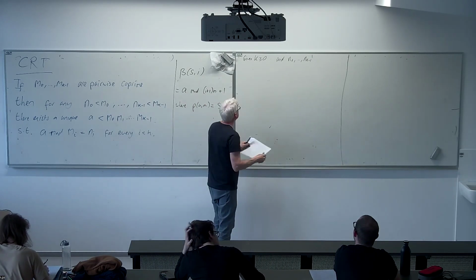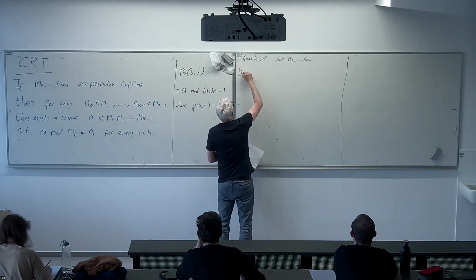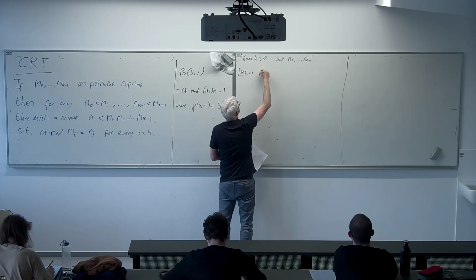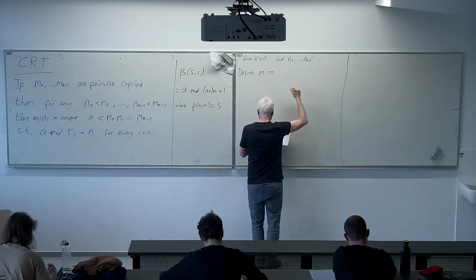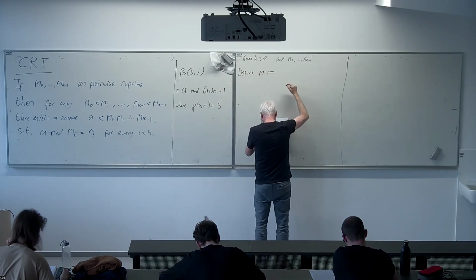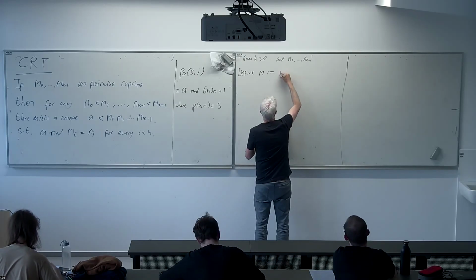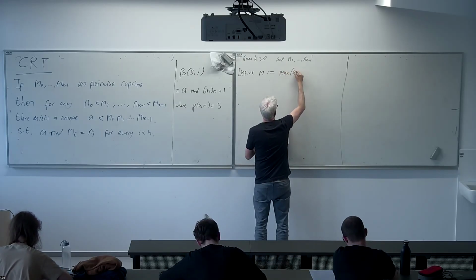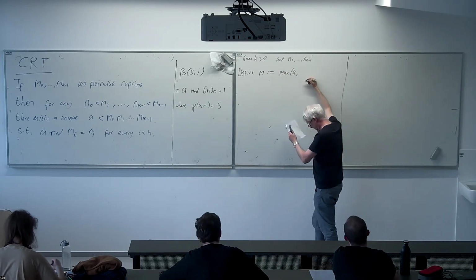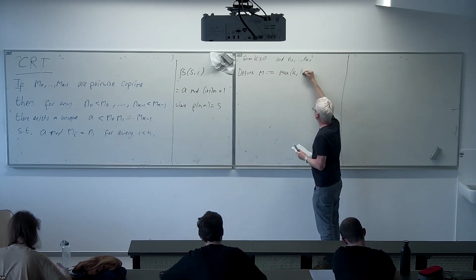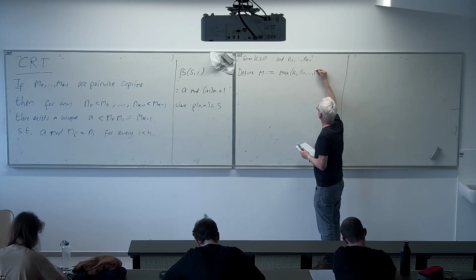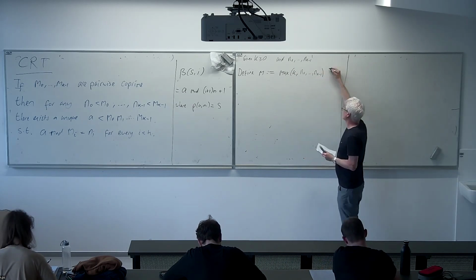So m is simply the maximum of k and all the numbers in the sequence, and take its factorial.